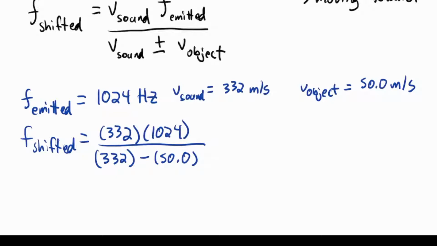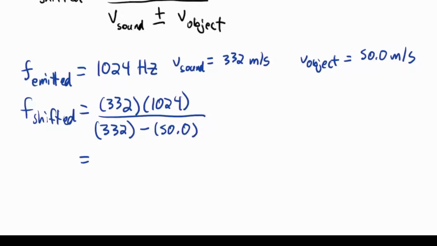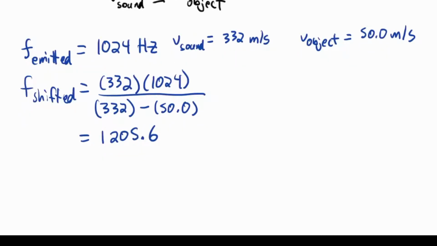Let's do the calculation. We're going to have 332 times 1024 divided by 332 minus 50. It's going to give us a value of 1205.6. We're going to round, and our shifted frequency is going to be 1206 hertz.